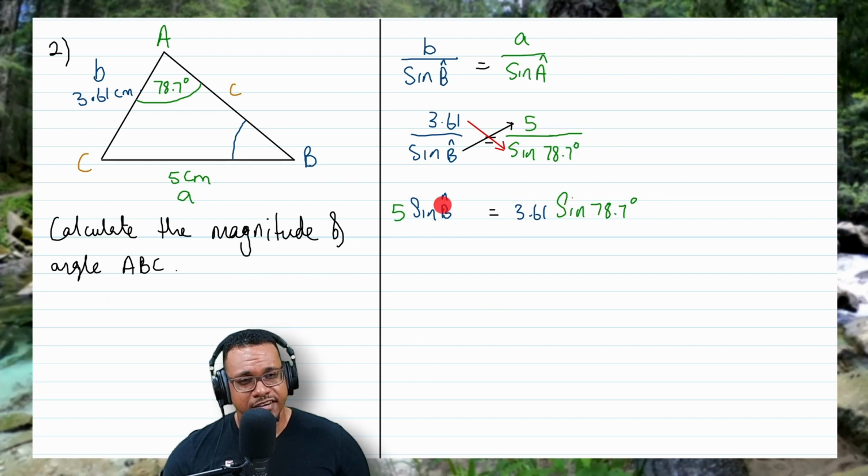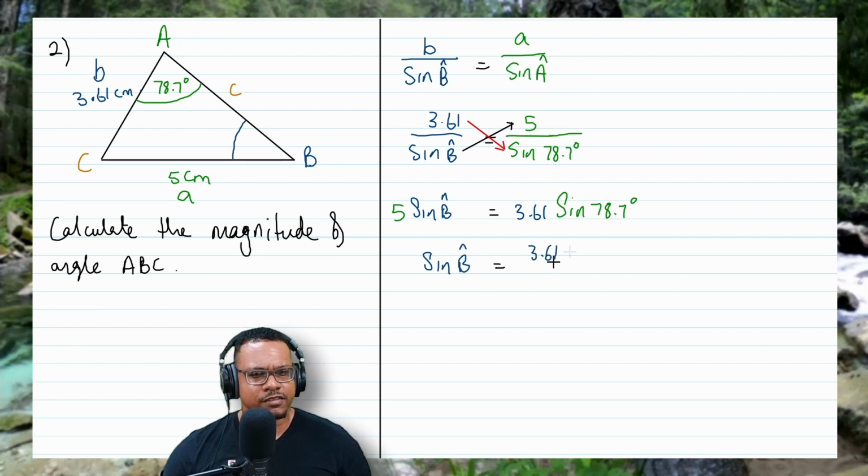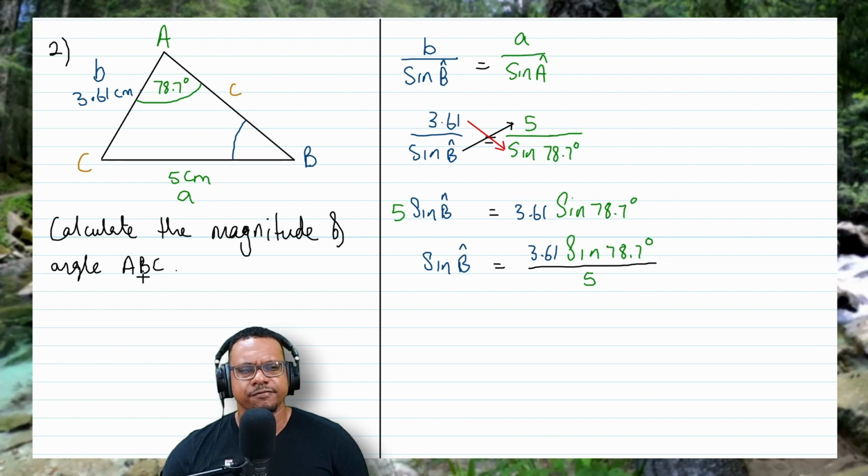Now, seeing that we want to find the value of capital B, first we'll have to transfer this 5 that's been multiplied by sine B across the equal sign, and the operation will change from multiplication to division. So what we're going to have is sine capital B is equal to 3.61 sine 78.7 degrees divided by 5.